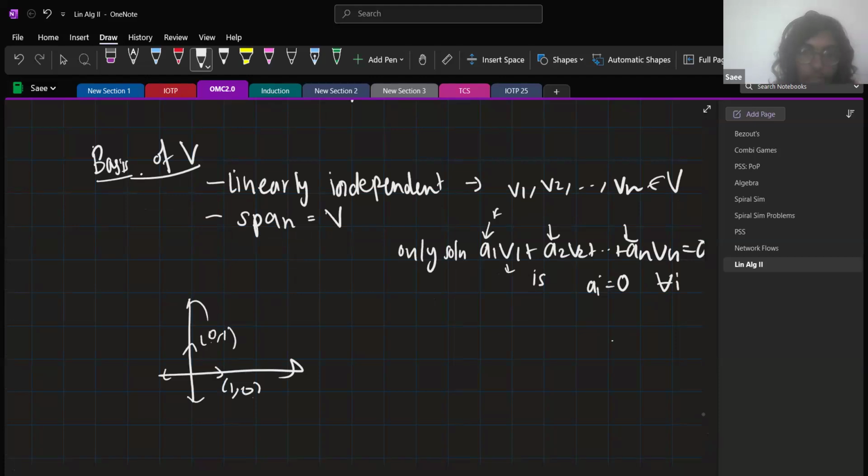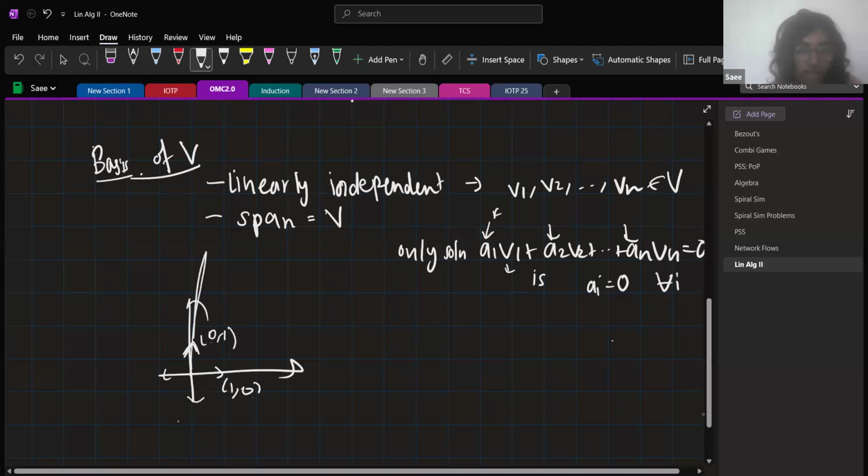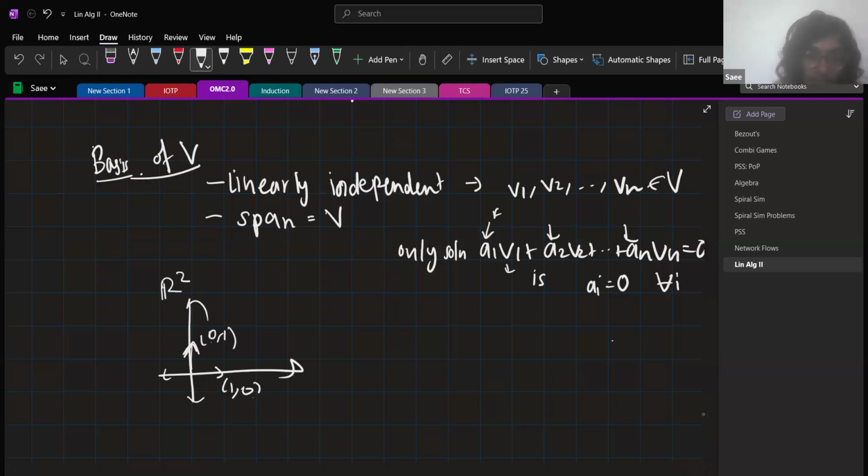These two vectors are linearly independent because you cannot scale one of them to get the other. If you scale this one, you'll get the y-axis; if you scale this one, you'll get the x-axis. They also span the entirety of R2, because any vector a comma b is just a times 1 comma 0 plus b times 0 comma 1.